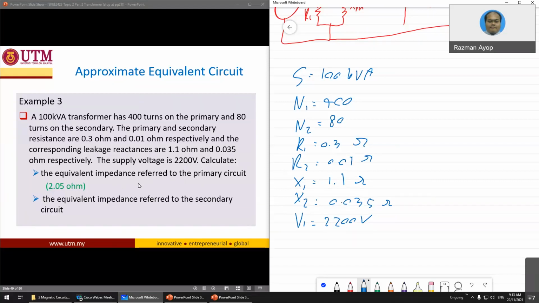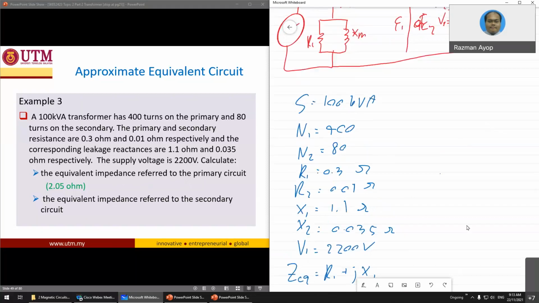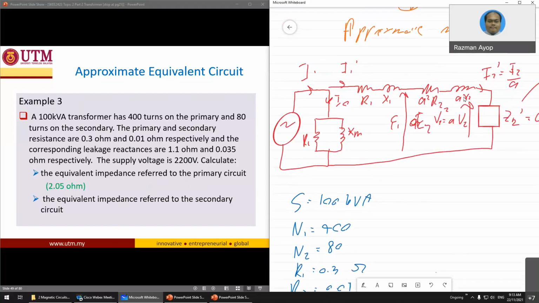Impedance means Z. So ZEQ is basically just R1 plus jX1. Don't forget the j, you have to put the j. And of course, you have to move the secondary reactance and resistance, or secondary impedance.